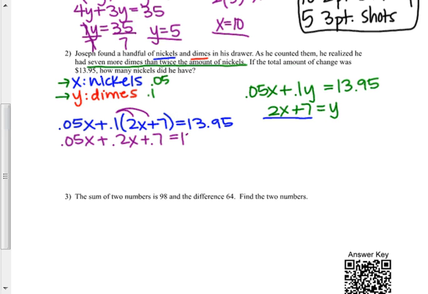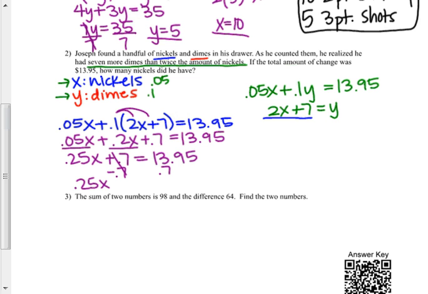So I have y equals 113, x equals 53, and basically writing my answer, I have 53 nickels and 113 dimes. All right, so there's my answer in words.